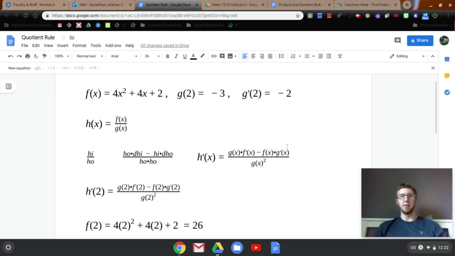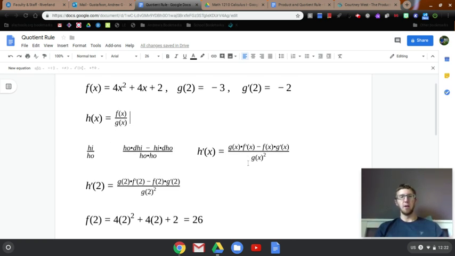I'm using the cursor here as my pointer. Saying numerator, derivative of denominator, denominator squared just doesn't roll off the tongue as nicely as ho d high minus high d ho over ho ho. You do not by any means have to use this, but this is how it rings in my head, and this is how it looks algebraically, or more rigorously.